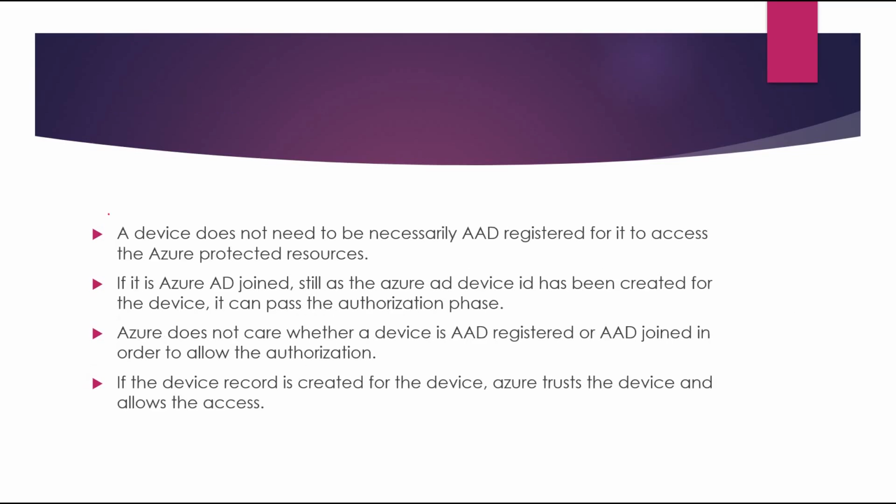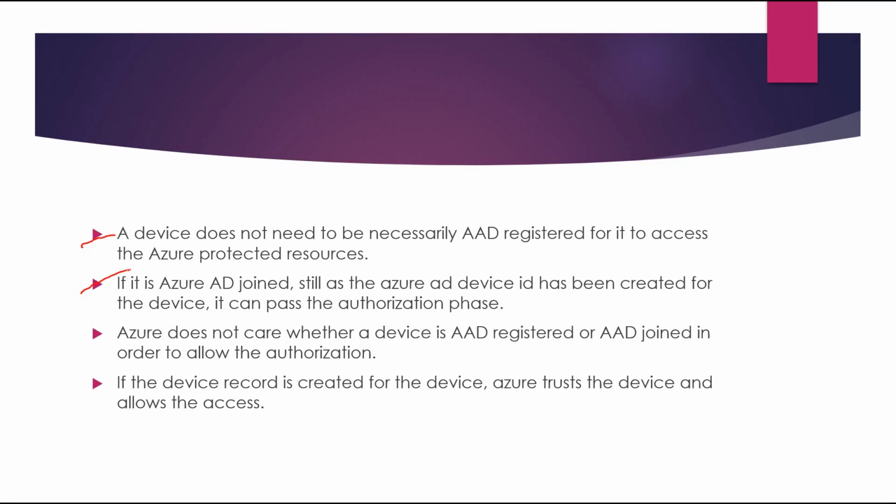So again, a device does not necessarily need to be Azure AD registered for it to access the Azure protected resources. Irrespective of whether we are doing an Azure AD registration of the device or an Azure AD join of the device, in both the cases, Azure trusts the device, because in both the cases, it is issuing that cert to the device from MS Organization Access.